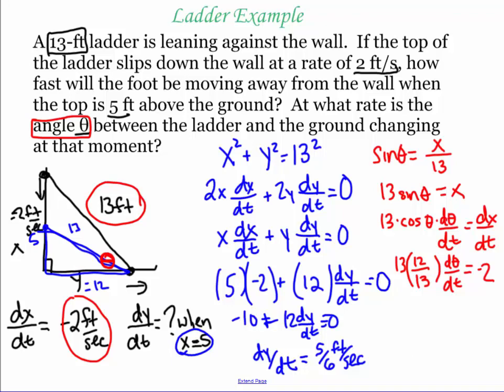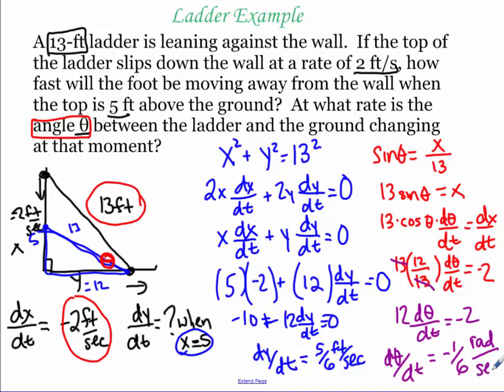Okay, some algebra, the 13s cancel. So we have 12 d theta/dt equals negative 2. So then d theta/dt is going to equal negative 1/6. Now we need to think about units. Theta in calculus, remember, is radians per unit of time we get from the word problem, seconds.